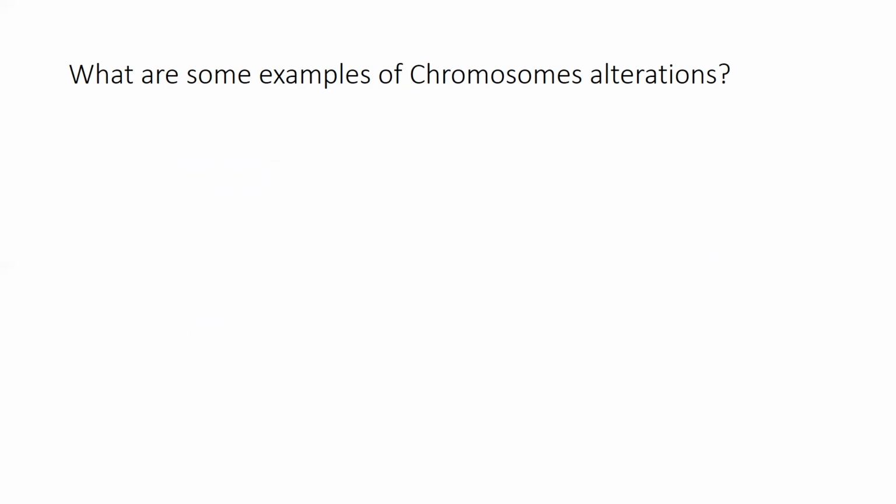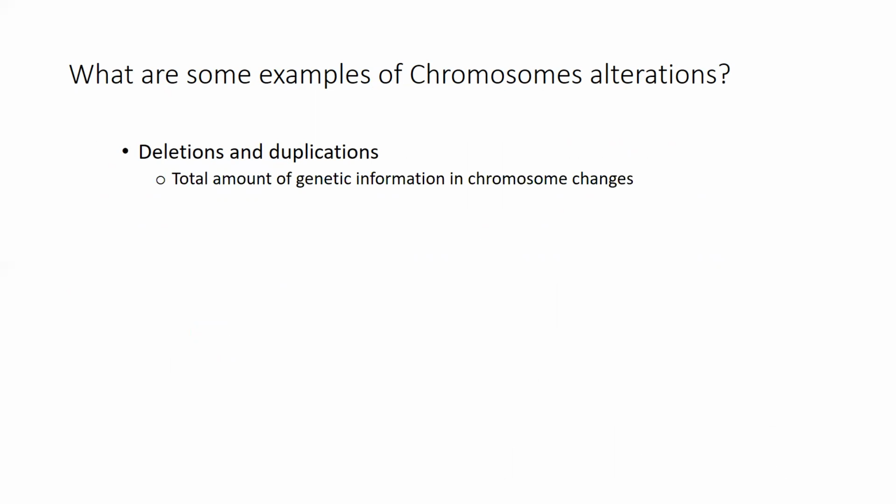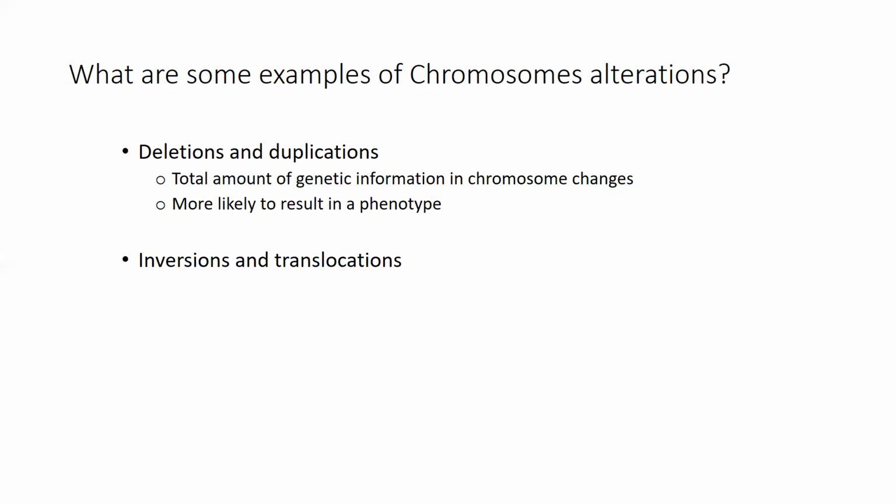Some examples include deletions and duplications. These are the types that cause the total amount of genetic information to change within a chromosome. These actually are more likely to result in a phenotype.